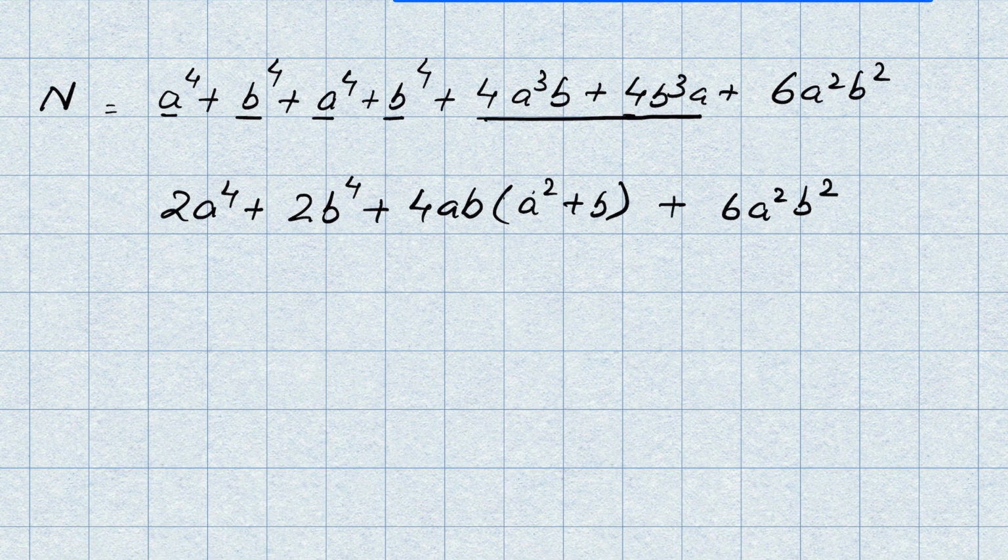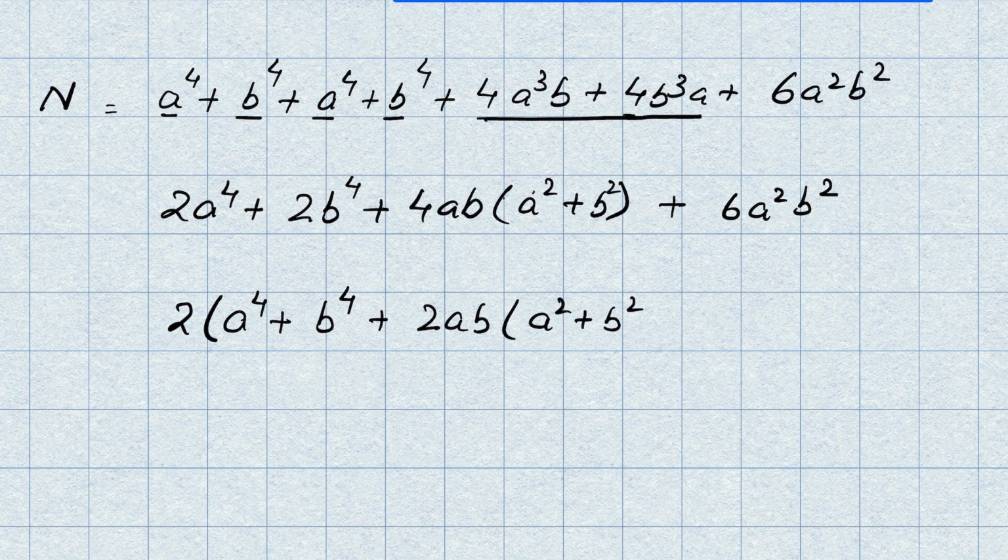Now here we can take 2 common and write 2 times A to the power 4 plus B to the power 4 plus 2AB A square plus B square. Sorry, here we have B square plus 3A square B square. This is the numerator part.